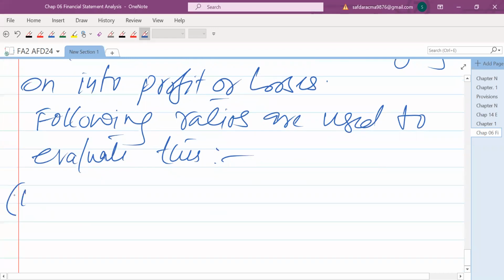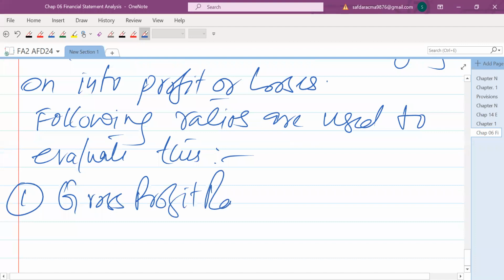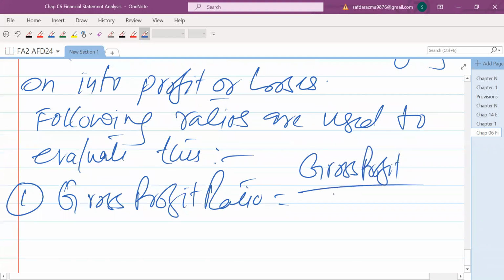Number one, gross profit ratio. Gross profit ratio means gross profit divided by sales, into 100.